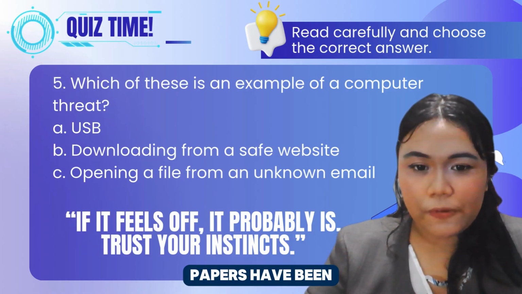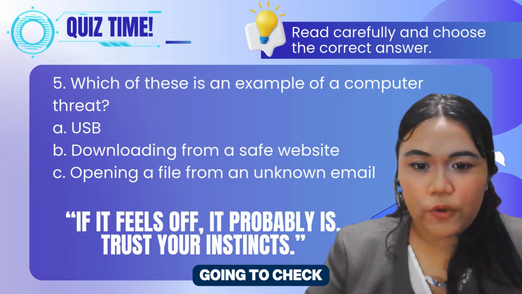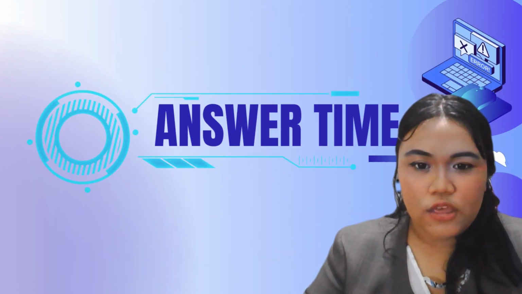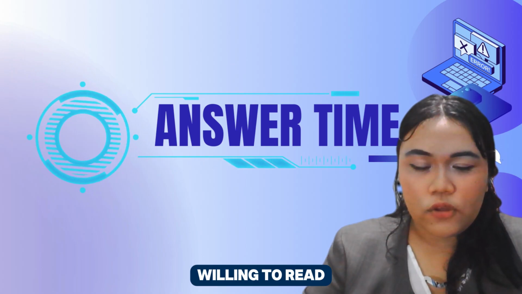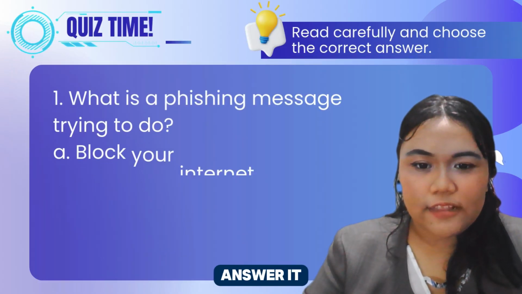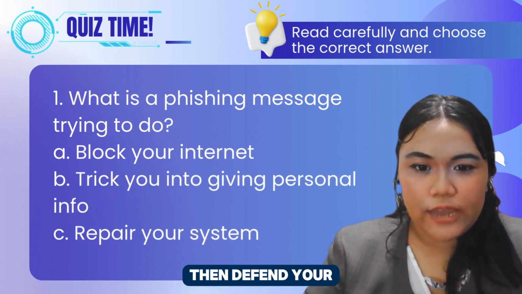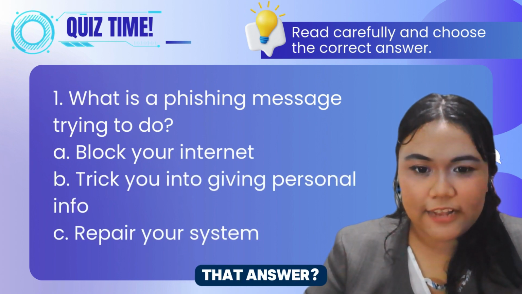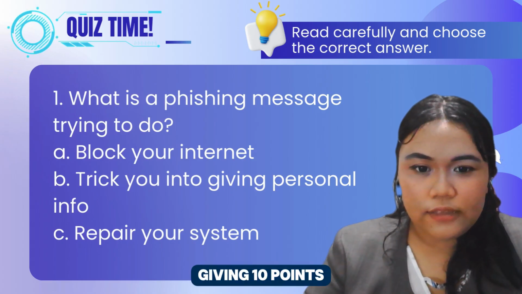Now, since all papers have been passed, we are now going to check your answers. Who would be willing to read the question of number 1 and answer it? Then defend your answer. Why did you choose that answer? I will be giving 10 points each. Okay, go ahead.